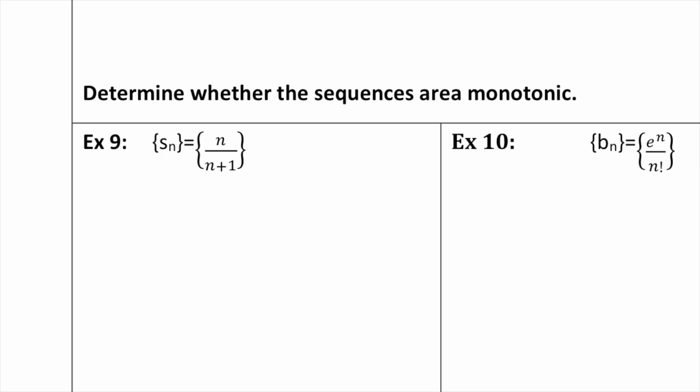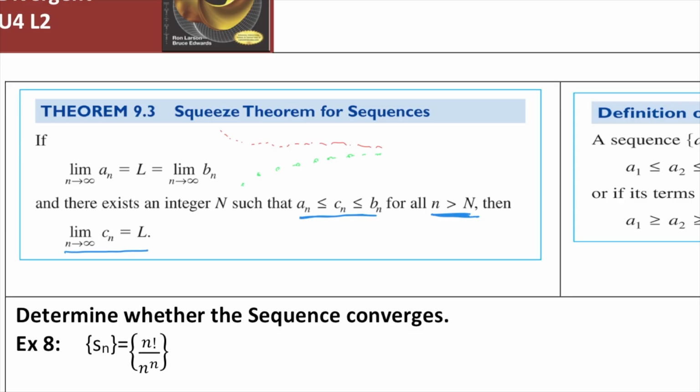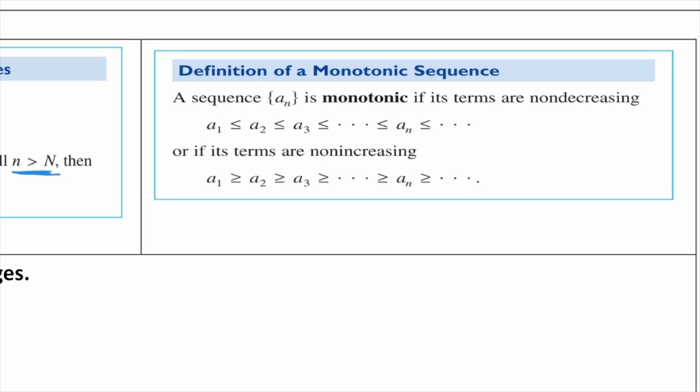If we have a sub n, which is converging to some value of L, and a sub n is less than or equal to b sub n for all of their terms, and that also converges to L, then if C sub n is trapped between both of these sequences for a certain set of n values, then the limit as n goes to infinity for C sub n also must be L. So the sequence C sub n is squeezed into converging to L.